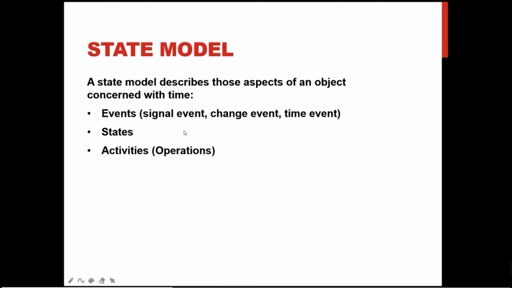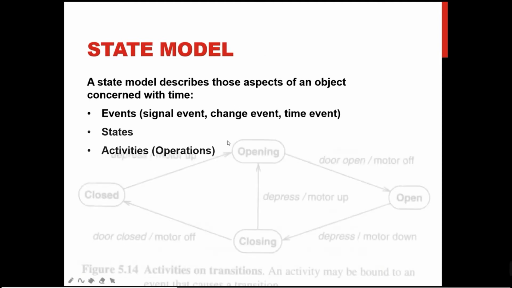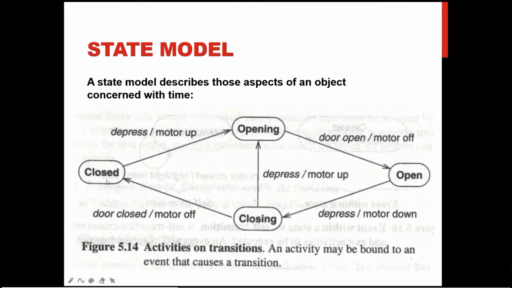It means that when in different states, when it gets different events, it will do different activities. For example, like this, there are states and events and activities. When in the closed state, when it received the depress event, it will do the motor up.